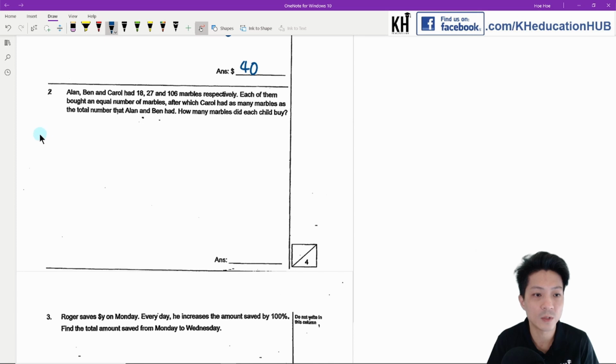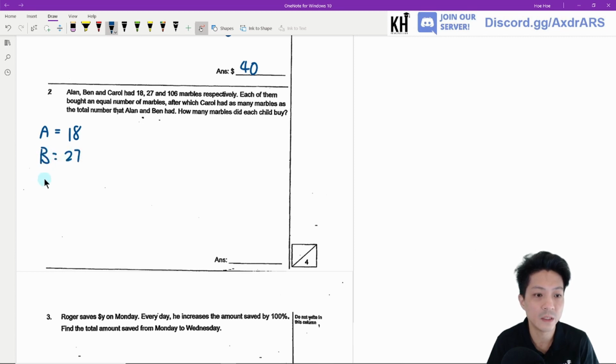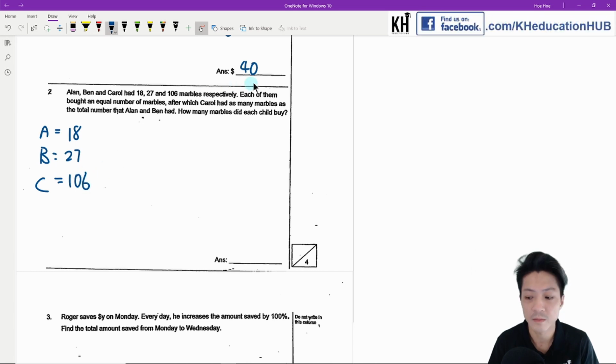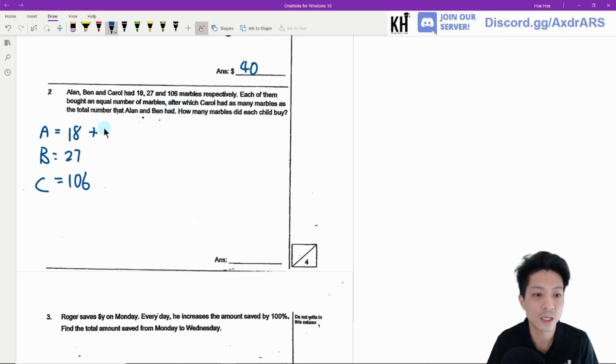Okay, so Alan would have 18, Ben 27, and Carol will be 106. Each of them bought an equal number of marbles, right? So we do not know how many marbles they bought, so I'm gonna treat it as 1 unit which they bought.